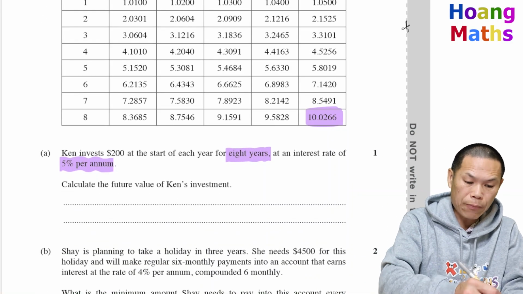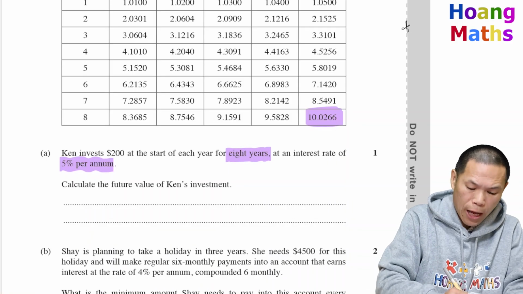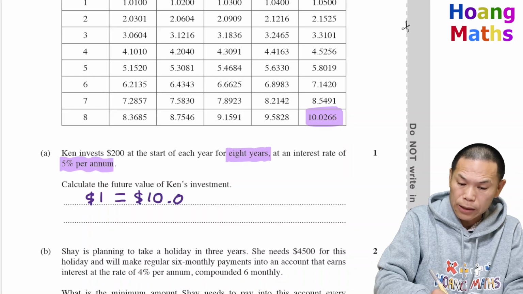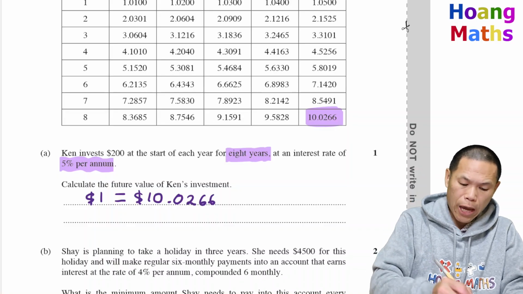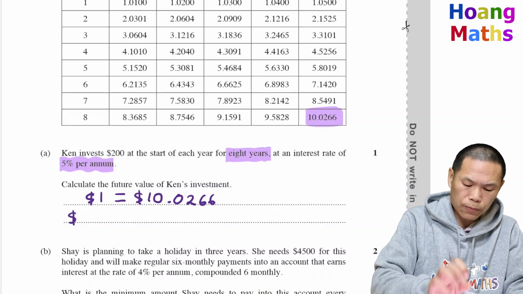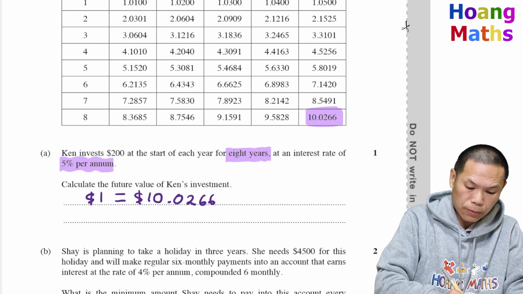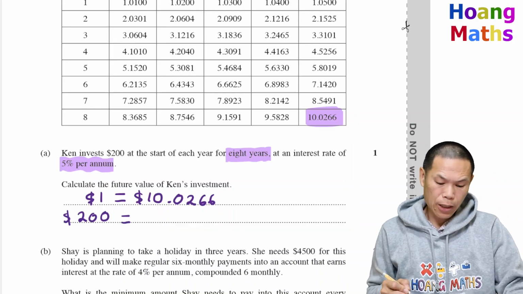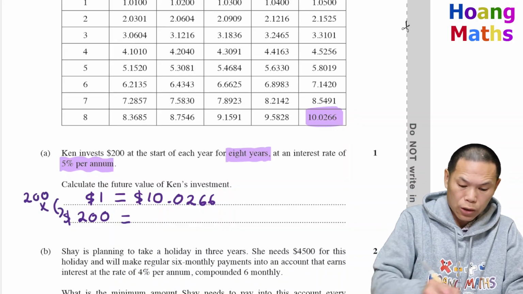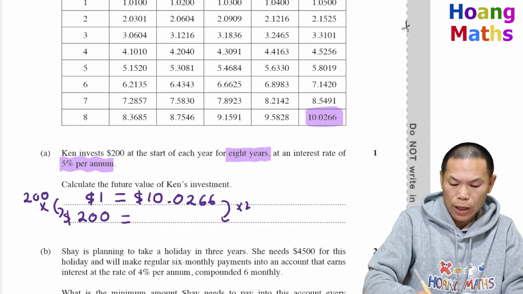Let me just write this down. So the annuity of a dollar is equal to $10.0266. And now the annuity for Ken is $200. So from here to here, which is times 200. So this must be times by 200.